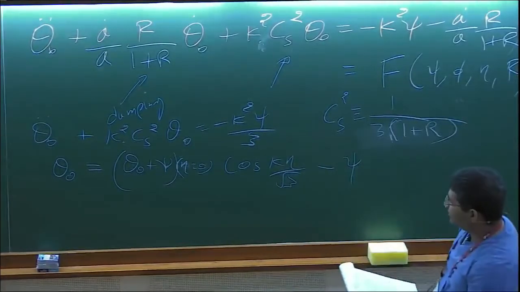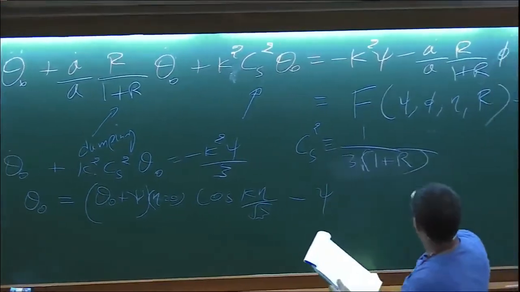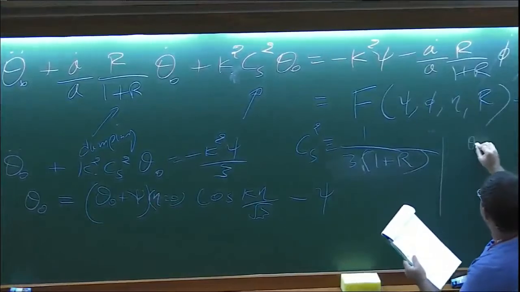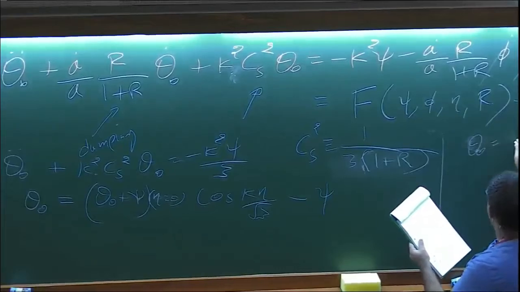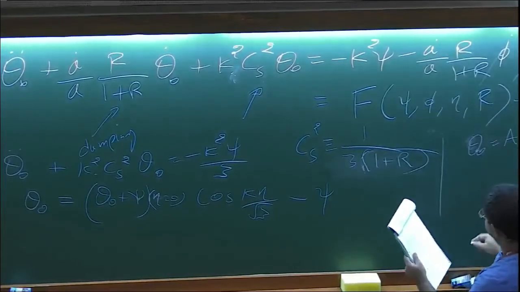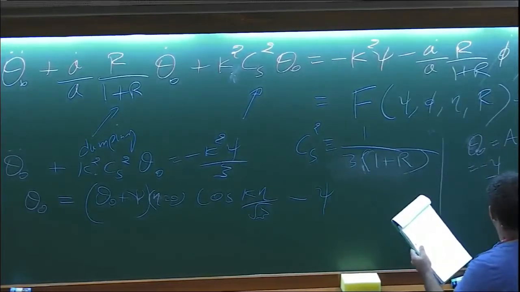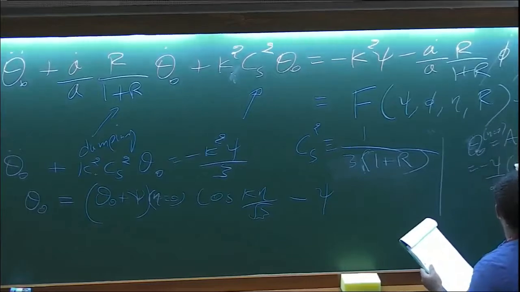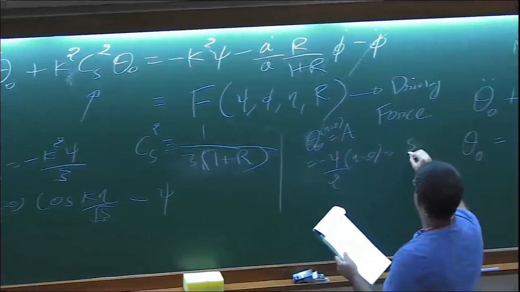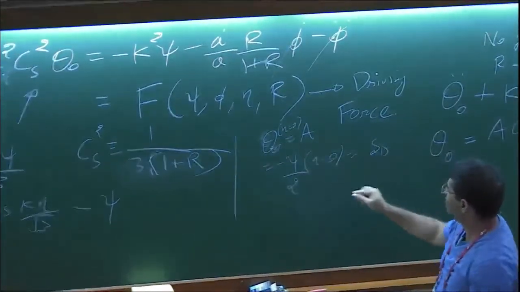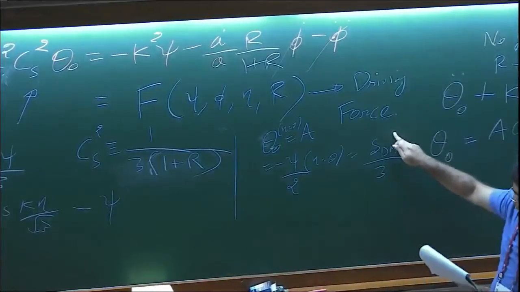So for the adiabatic initial conditions, at time t equal to 0, let us say theta 0 is some constant A, and this is equal to minus psi by 2, at eta equal to 0, which is equal to, for adiabatic conditions, if psi is coming from dark matter, one third of the dark matter density.